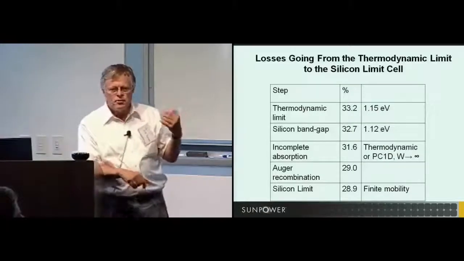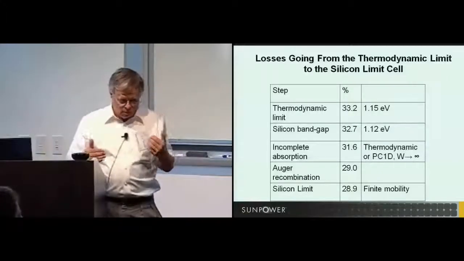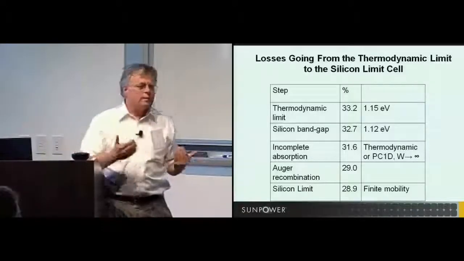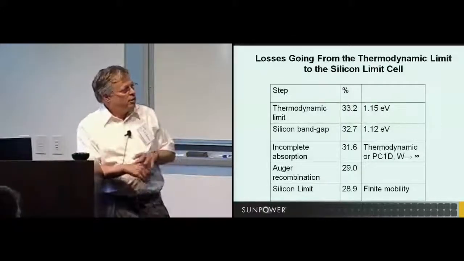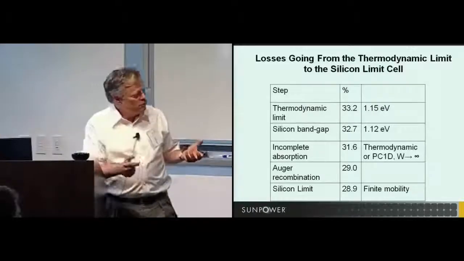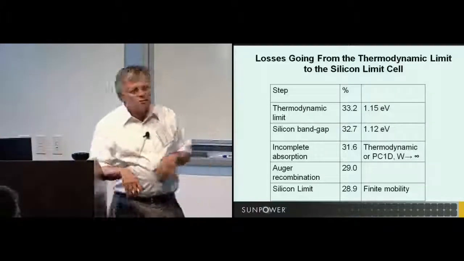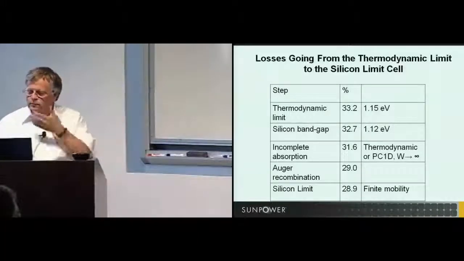The interesting thing is that the transport losses within the cell, the energy loss in getting the electrons and holes out of the cell, which is modeled in a device model by having a finite mobility for electrons and holes, only subtracts 1/10 of a percentage point from that overall output.